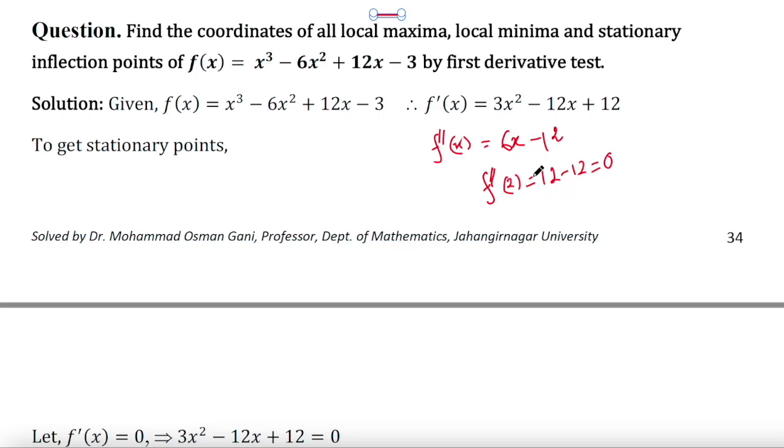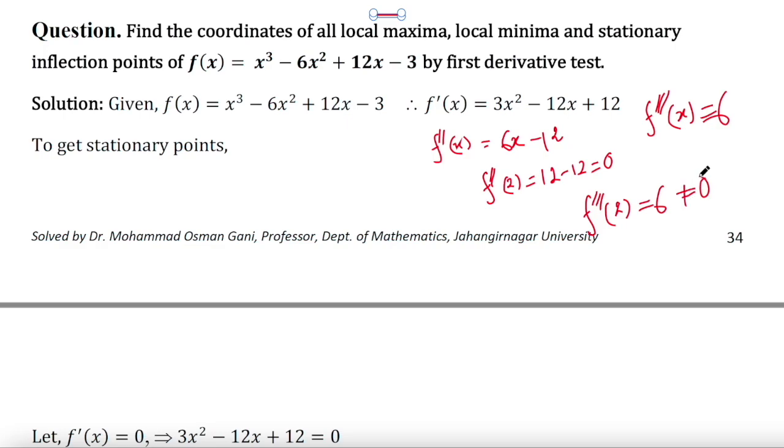So when the second derivative equals 0, you need the third derivative. The third derivative is 6, and it is always fixed, so at 2 it is also 6. So this is not 0.